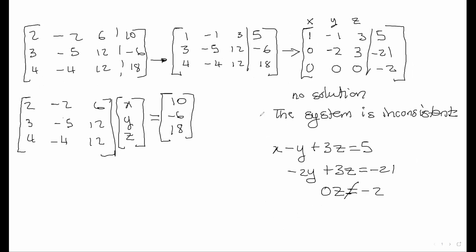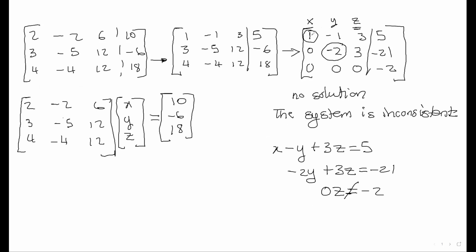Yeah, you see here we have a leading one here, and then we could turn this into a leading one as well by dividing everything by 2. So it's just like a leading position, right? And then we don't have any other number here. That means we can solve for x, and then we can solve for y as well in terms of z.